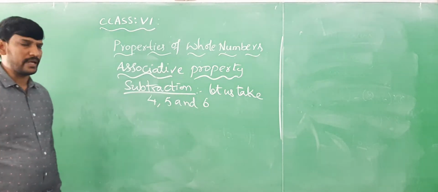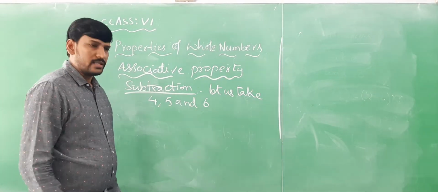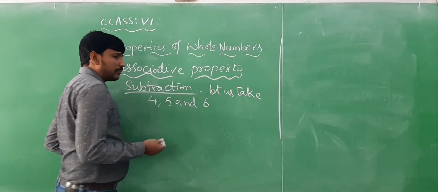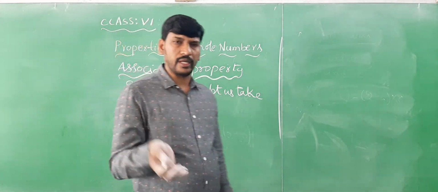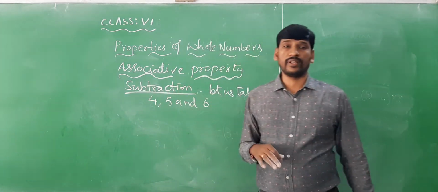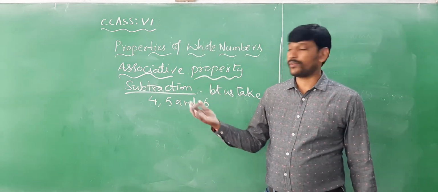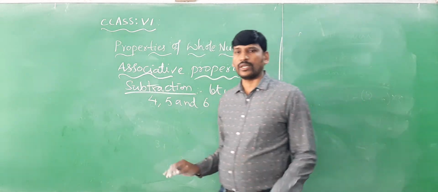I took three numbers 4, 5, 6. Sir, why should we take only 4, 5, 6? Only simple numbers. Your wish, you can take any whole number. You can take 100, 200, 300 also, or 150, 250, 350, or 150, 151, 152 also. You can take any three whole numbers.